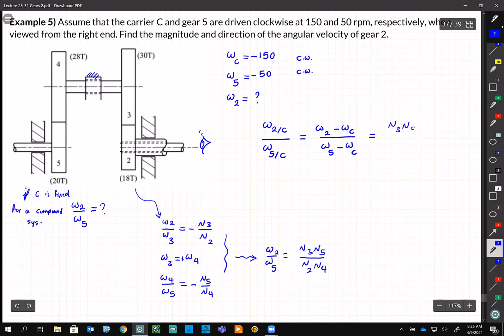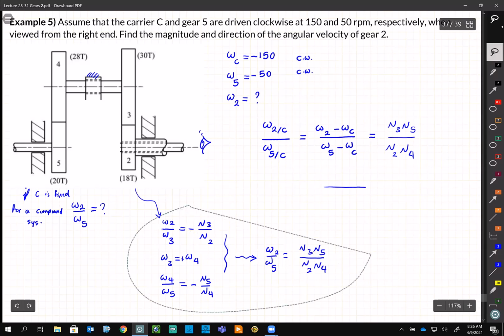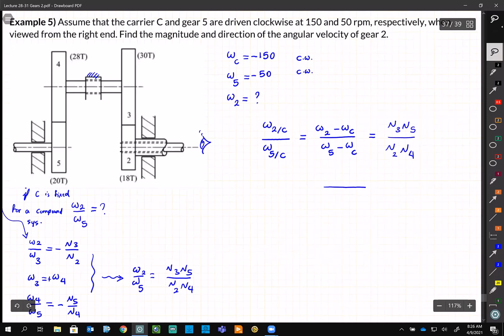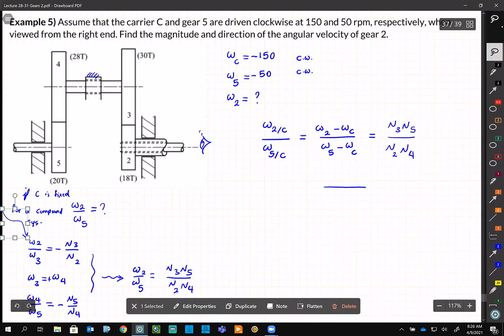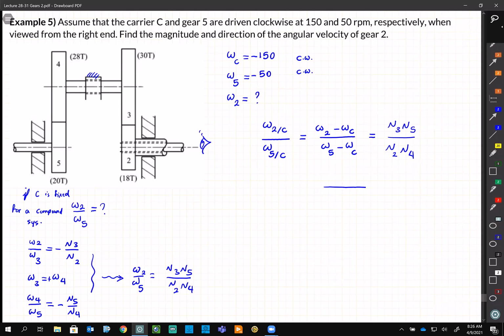So that's it then. N3, N5, N2, N4. Let's substitute these numbers. Okay, and let me move all of these down here. This is our side calculation. So what is omega 2? It's the question. It's the unknown.